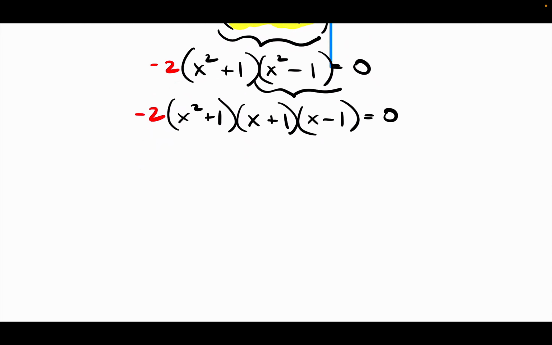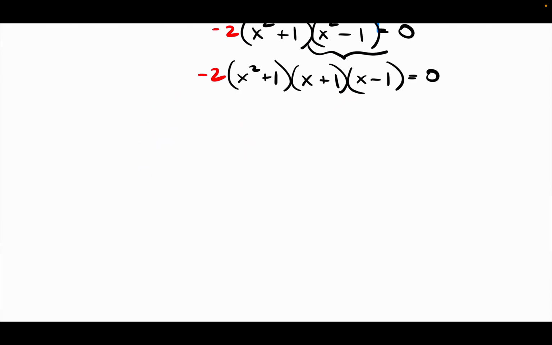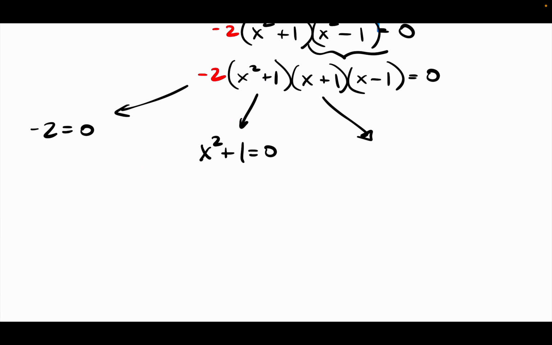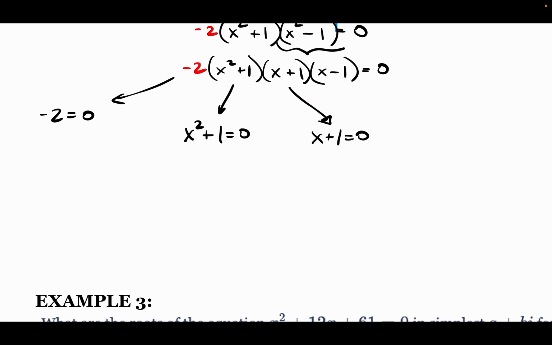Set everything equal to 0. Negative 2 equals 0. x squared plus 1 equals 0. x plus 1 equals 0. x minus 1 equals 0.